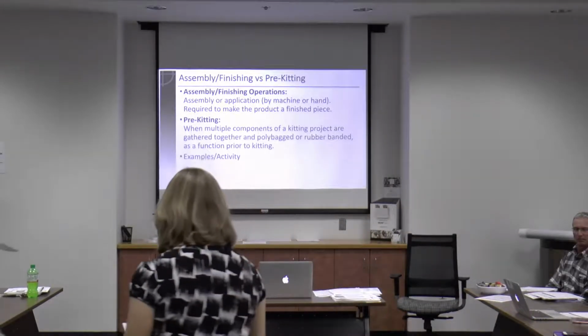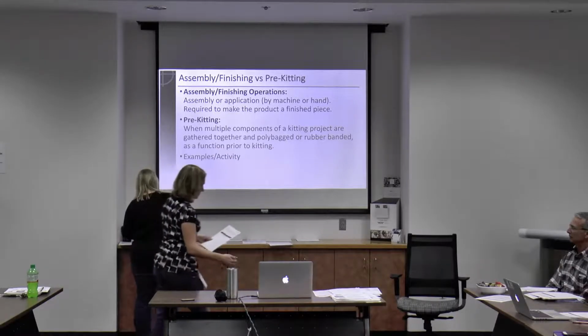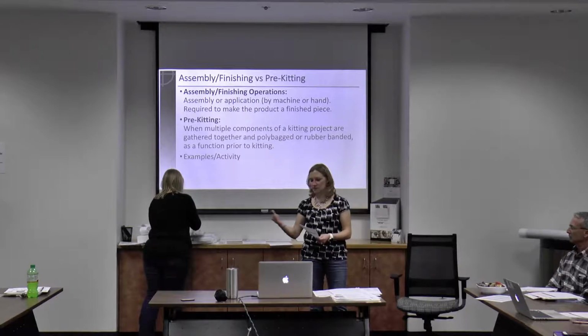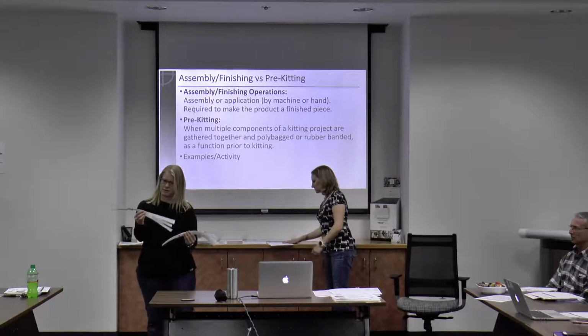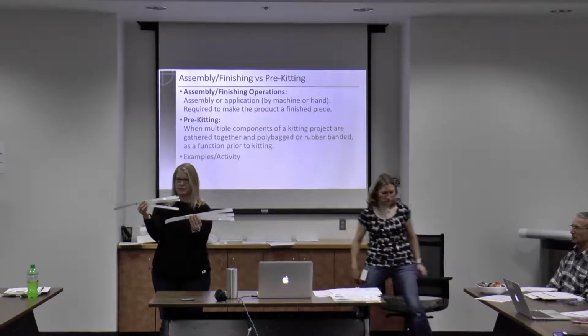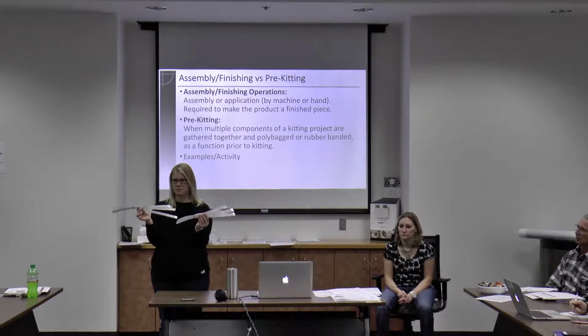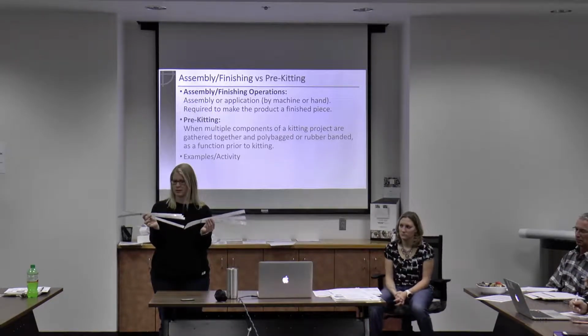Basically, it's the type of item it is and where those instructions go. First up, is it assembly, finishing, kind of the same thing, or pre-kitting? And then on your worksheet, where did you put the instructions on this?